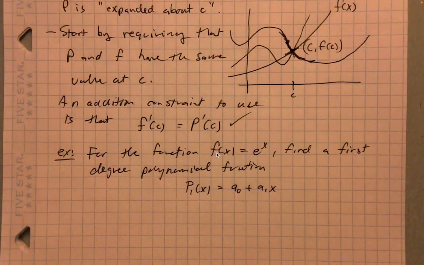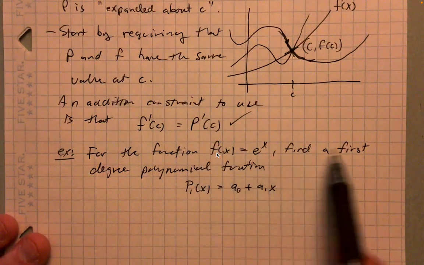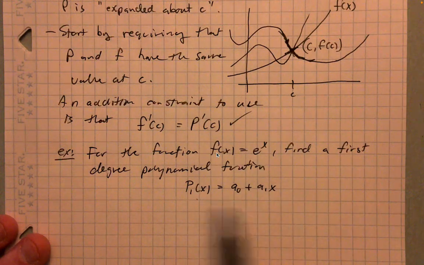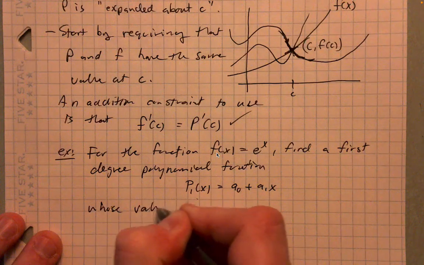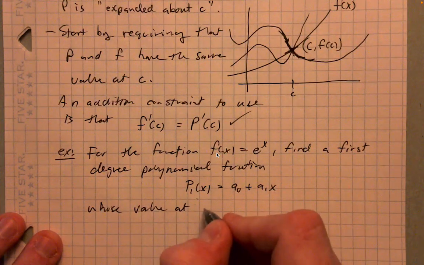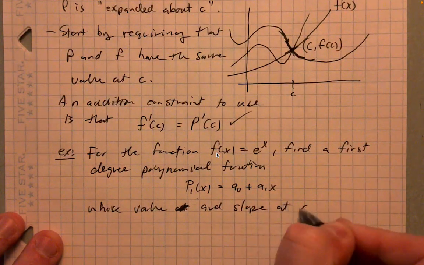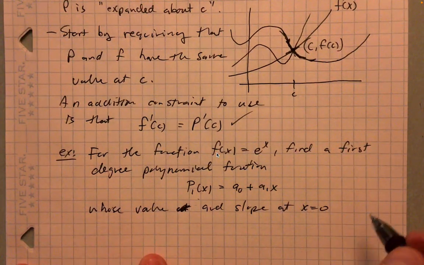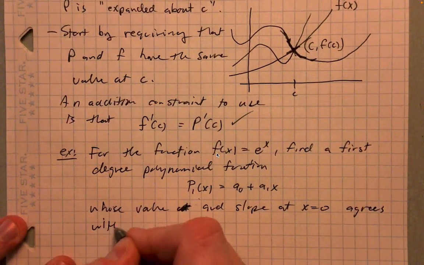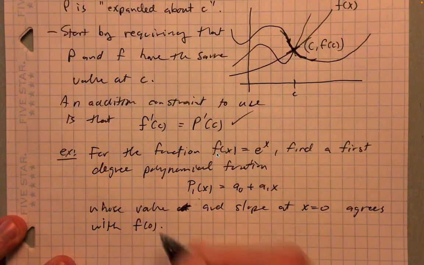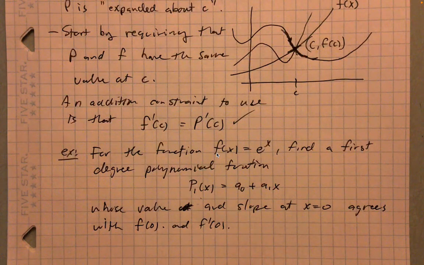So for the function f of x equals e to the x, we want to find a first degree polynomial function p1, of this form, whose value and slope at x equals 0 agrees with f of 0 and f prime of 0. This is what we're after.